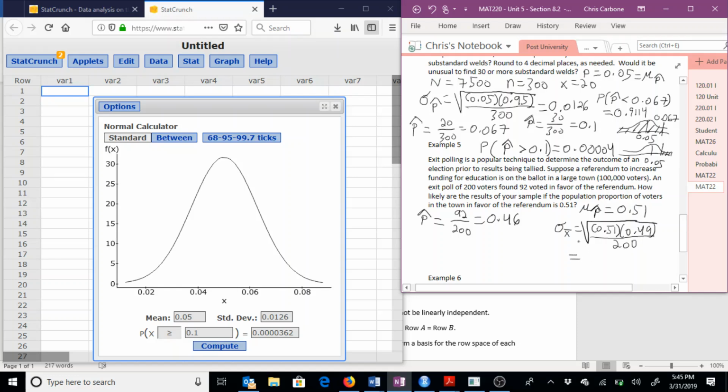And that value, why don't you throw that into a calculator, is 0.035.